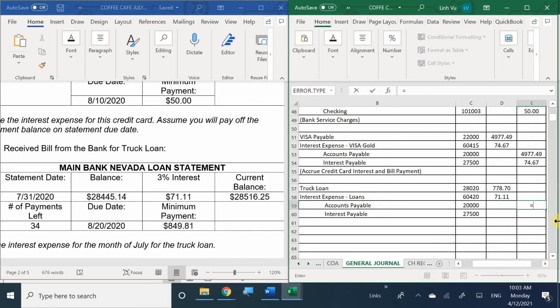Same thing here. This is what I actually owe on my truck, and this is how much I'm going to owe for interest.